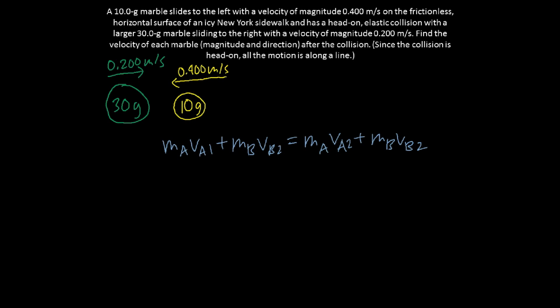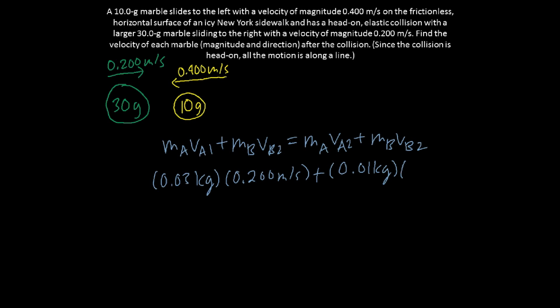Now mass A, we will refer to this one, is 0.03 kilograms and its velocity is 0.200 meters per second, plus MB is 0.01 kilograms. Now notice that we converted 10 grams into kilograms because we cannot compute with grams only, because it is not the SI unit of mass.